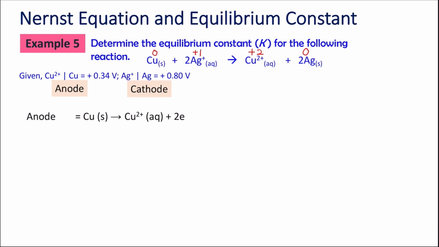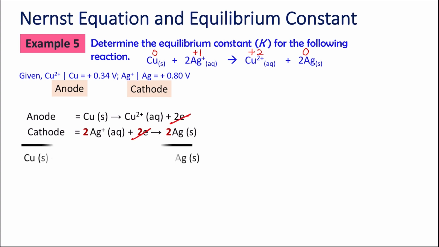Untuk anode, dia akan release electron. So, dia daripada metal jadi ion. Untuk cathode, dia akan accept electrons. So, dia daripada ion jadi metal. Dan di sini, saya akan darab dengan 2 untuk cathode, semua species, so that I can cancel 2 electrons here. So, the overall equation is just like this one.